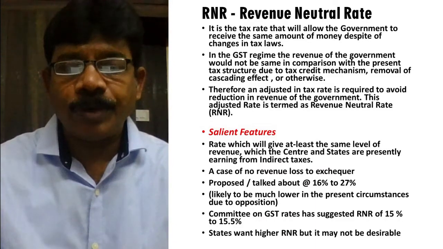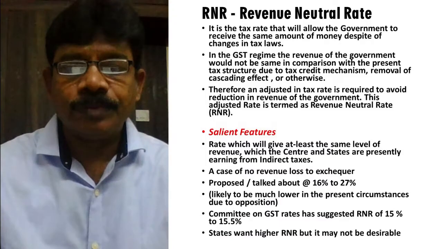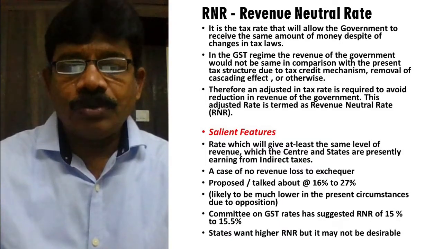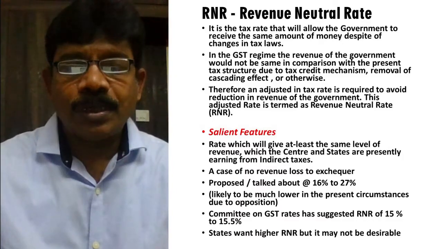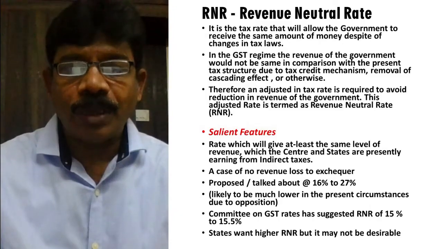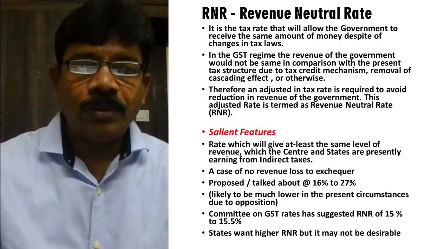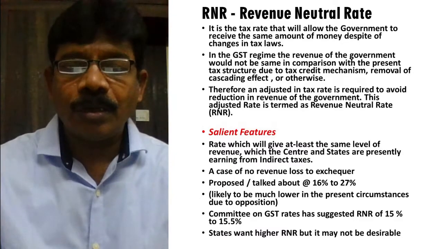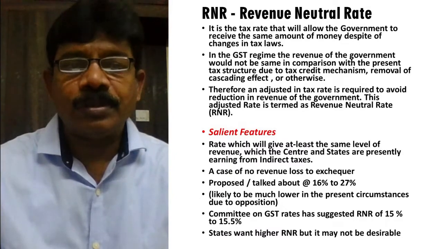The central government proposed RNR between 16 to 27%. The GST Council or Committee has suggested RNR of 15 to 15.5%, which will match the revenue of state and central governments. States want a higher RNR, but it may not be desirable.